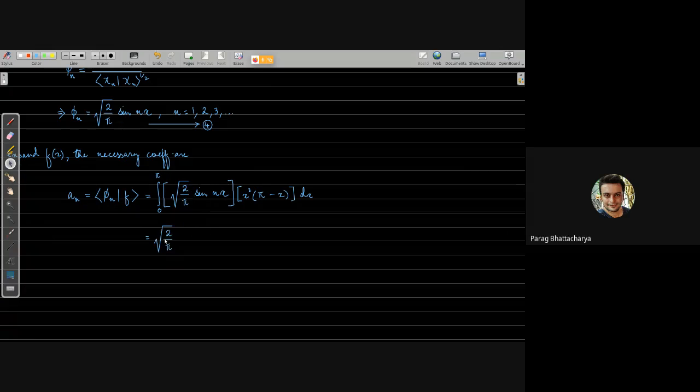Now take this constant, root over 2 by pi, outside, and integration from 0 to pi, and what is left behind is x square into pi minus x into sine n x, not sine square, sine n x, into dx, which can be evaluated now.